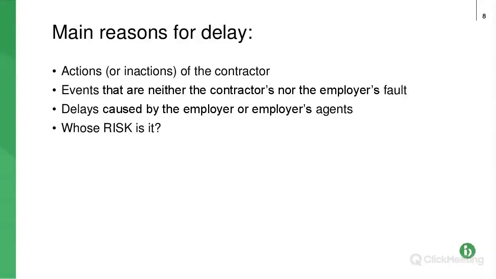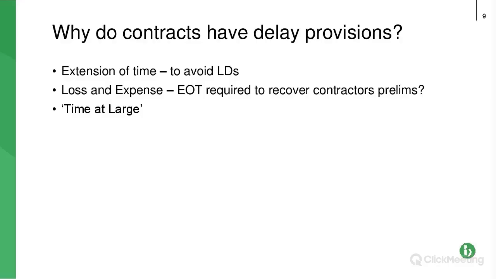Well, you need to look to your contract and what that says about the risk. Now we're going to look at a summary of that in a minute, but as a high level look, what provisions do we have to deal with this? So typically we have an extension of time, so that extends the contractor's or subcontractor's completion date to avoid it having to pay liquidated damages for delay.